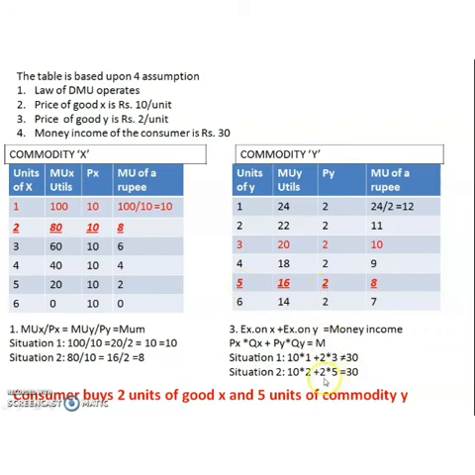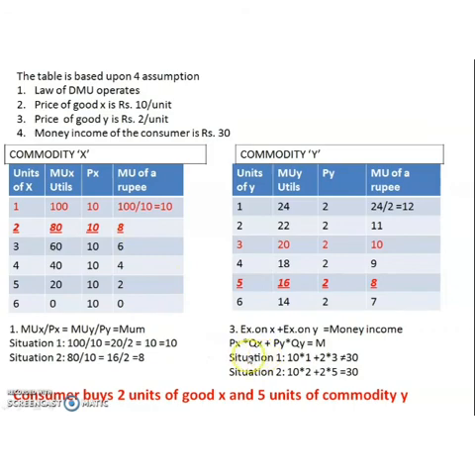That is 5 into 2, 10. So 20 plus 10 is equal to 30. That is the money income of the consumer. So it satisfies all the conditions required for consumer equilibrium. So we will consider the second situation as the consumer equilibrium.